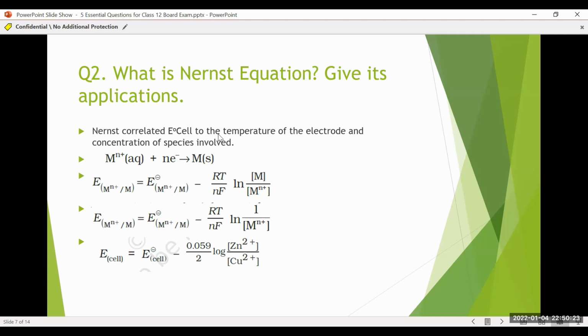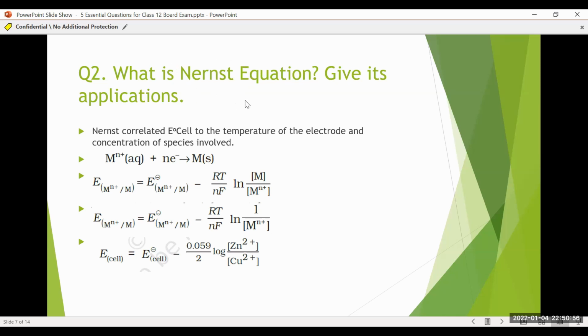But when you want to determine the E cell, or potential difference, at other than standard condition, what equation are you going to use? For other than standard condition, for different concentrations, other than 1 molar concentration, you need to use the equation called the Nernst equation.